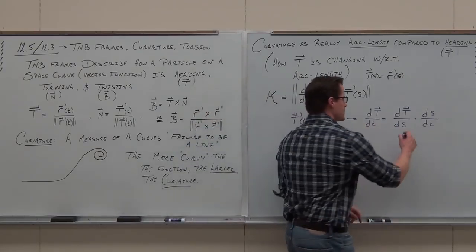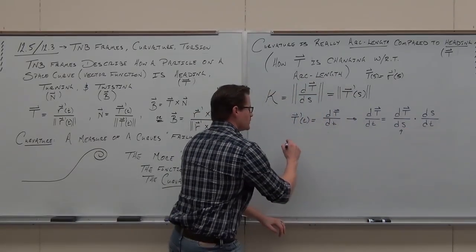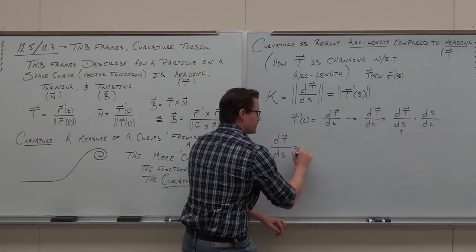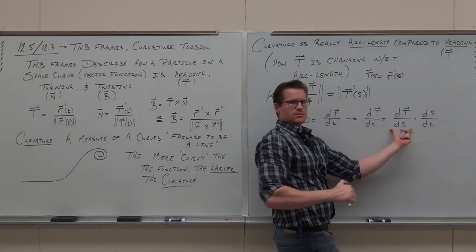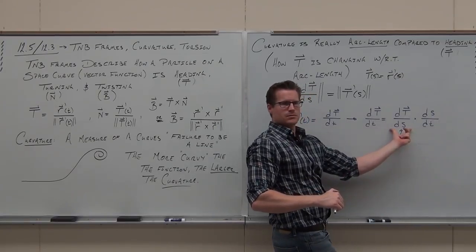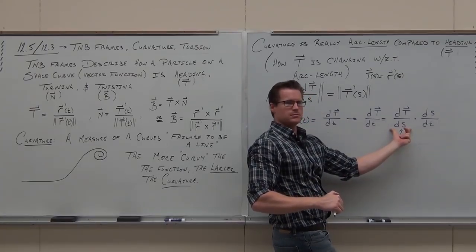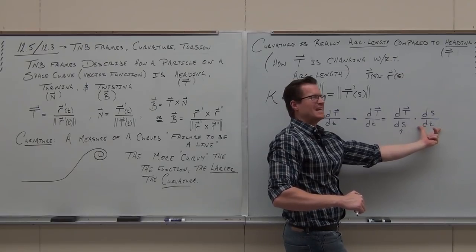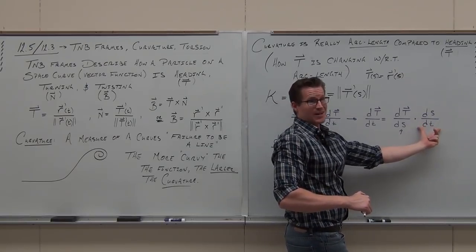If I solve for this piece, what we get, how would I solve for that piece? How do you get rid of multiplication in any equation ever? Division. Let's divide.